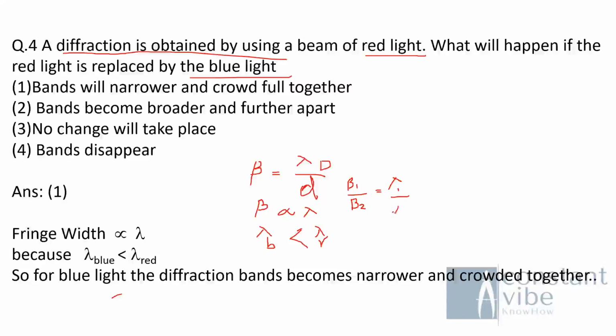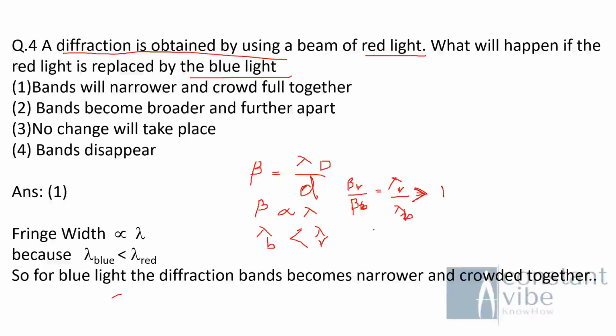Here the bandwidth for the red color is beta R and beta B for blue color, so the ratio is lambda R divided by lambda B. Lambda R is greater than lambda B, means this is greater than 1.